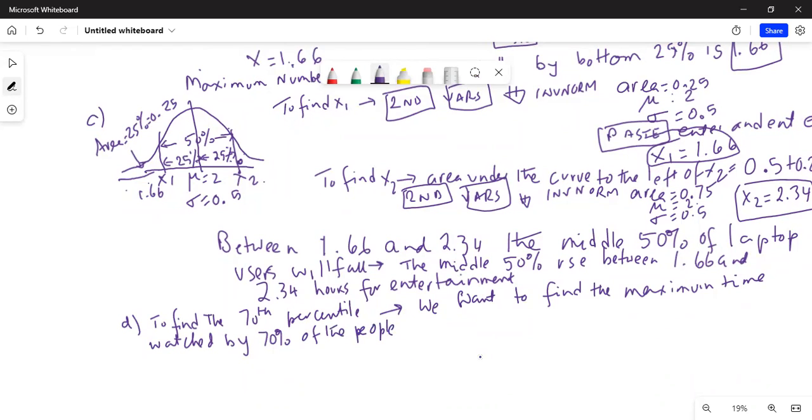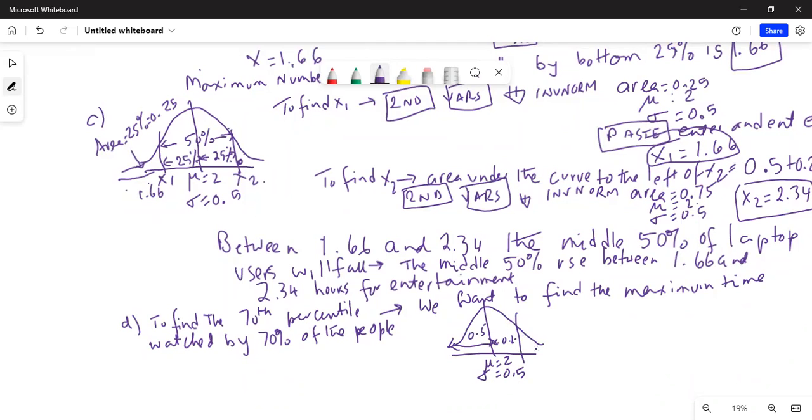So we draw the diagram. Mu is 2, sigma is 0.5. 70% means this half is 0.5. We always start from the left. 70% is 0.7, so we have to go another 0.2 and draw the line.